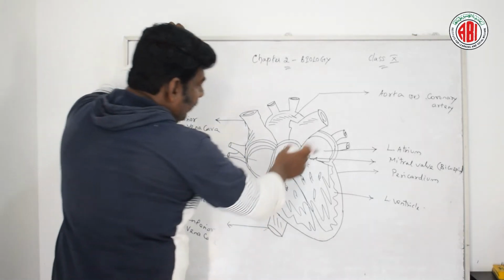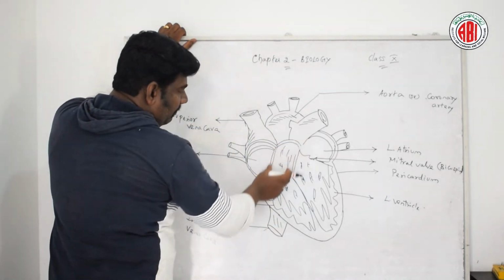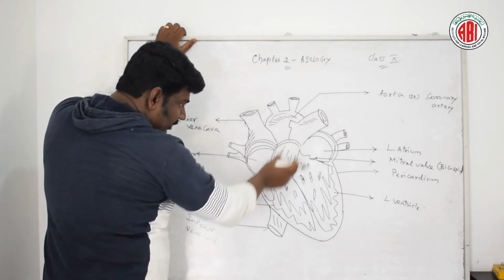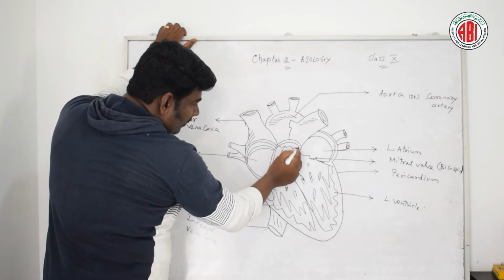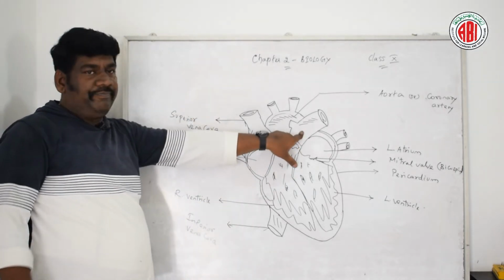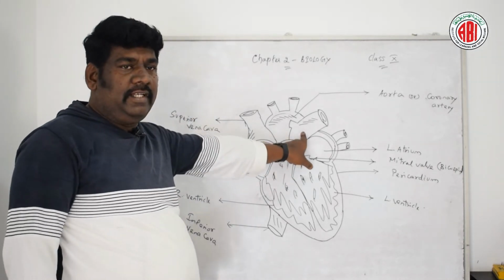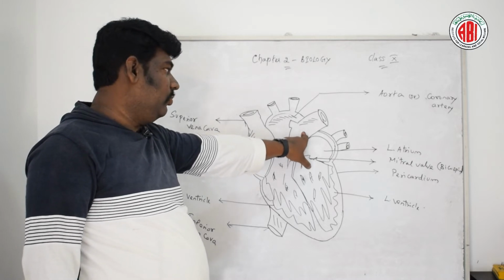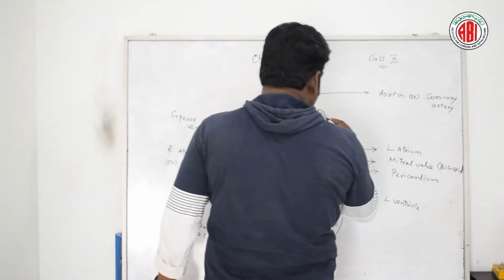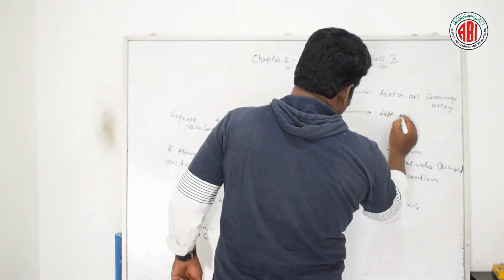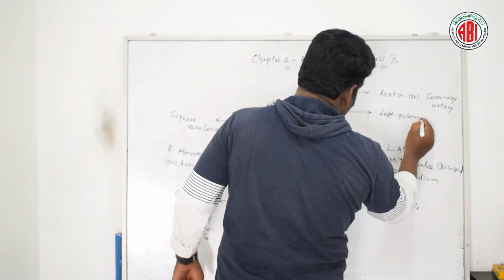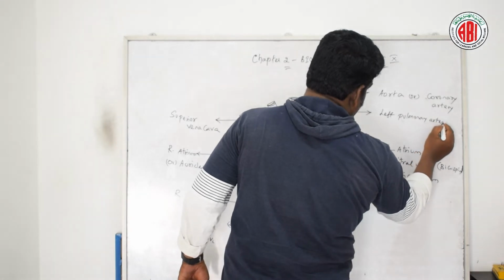Similarly, here we can see there is one more pipe which is entering through this way, and here we have one valve. Actually this is nothing but the pulmonary artery, the most important artery in a human body. This is called the left side pulmonary artery.